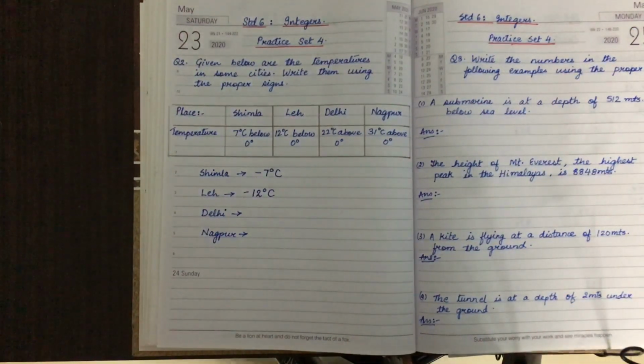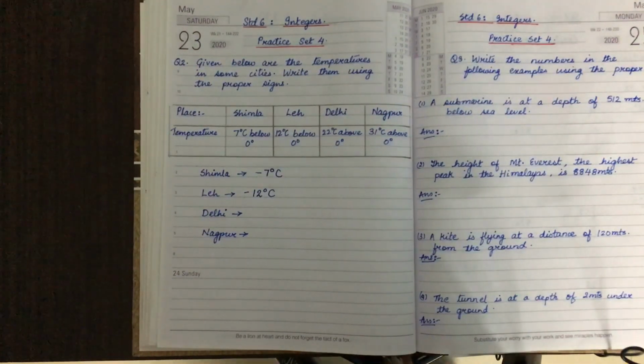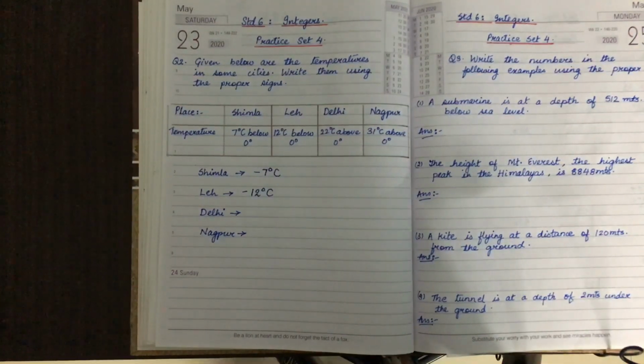Next we have the temperature of Delhi, given as 22 degrees Celsius above 0. This means the temperature is warm, it is hot. So this is a positive temperature. As you already know, positive numbers we can write even without the positive sign.